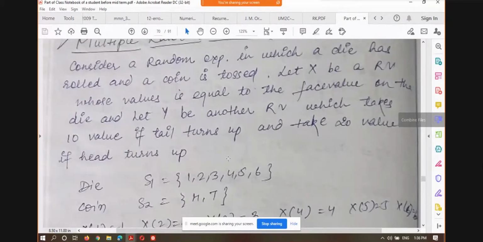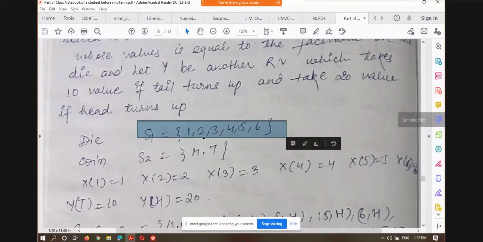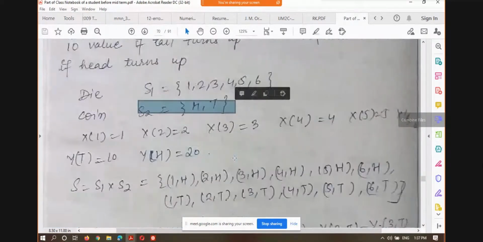So X is the face value of the die, and Y is the random variable which takes 10 if the tail turns up, and 20 if the head turns up. In this case we have one sample space for the die and another for the coin.